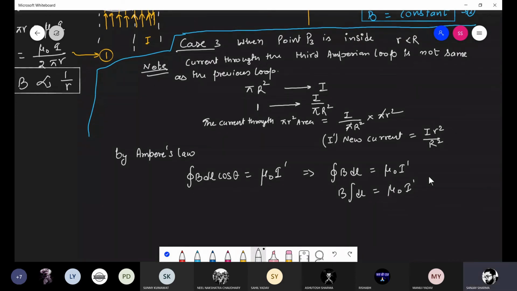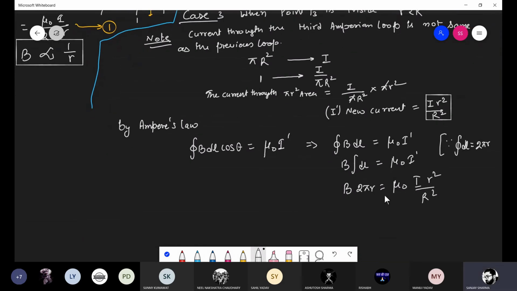Now substituting all the values, integration of dl is equal to 2 pi r, because the P3 point is at small r distance from the axis of the wire. So 2 pi r is equal to mu naught. Now substituting the value of I dash here, this is I r square upon capital R square. Fine.